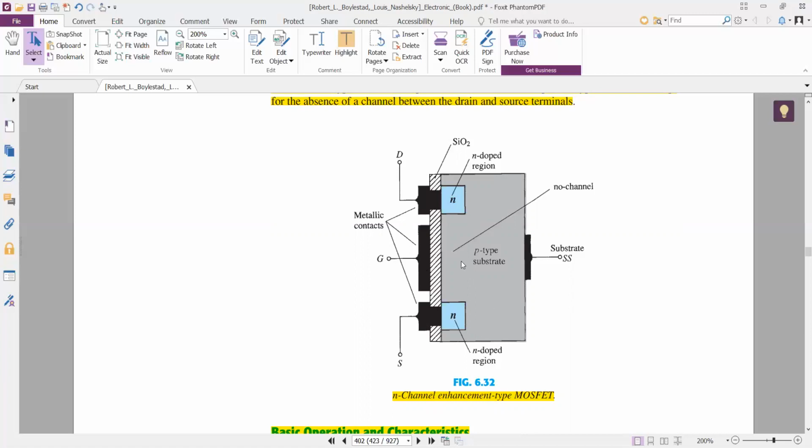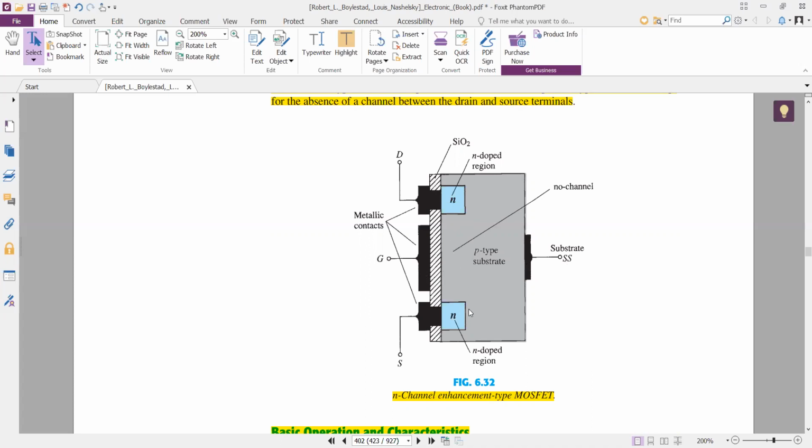And the P-type material is insulated from the metal terminal of the gate so that no current can pass from gate to the body. And this insulating material is silicon dioxide. So the main difference is, as you can all see, there is no channel present.